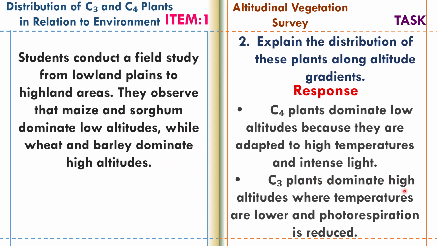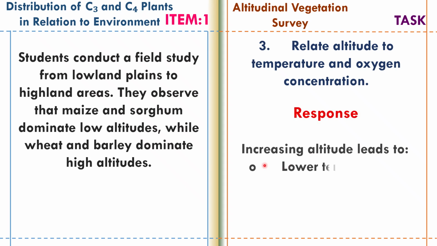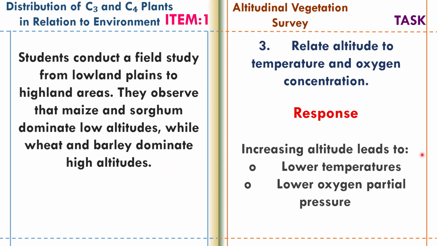C3 plants dominate higher altitude where temperatures are lower and photorespiration is reduced. Relate altitude to temperature and oxygen concentration. Increasing altitude leads to low temperatures, lower oxygen partial pressure.